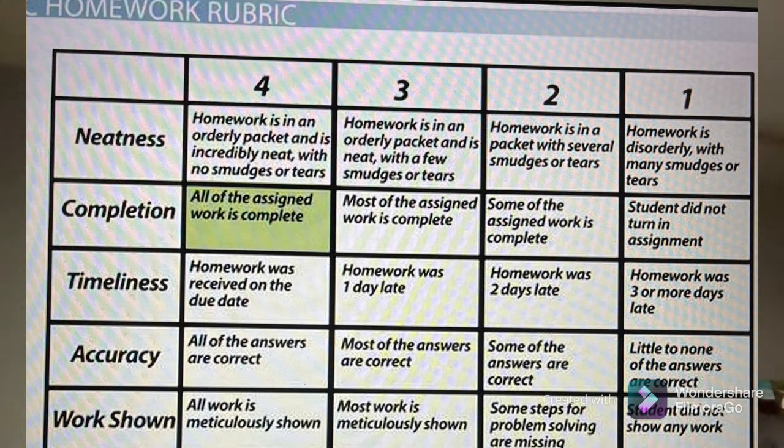In completion, the second criterion, you will get 4 if all of the assigned work is complete. Score 3, most of the assigned work is complete. Some, and the student did not turn in the assignment, that's 1. It is very objective.